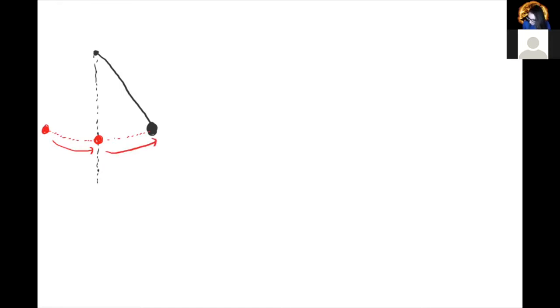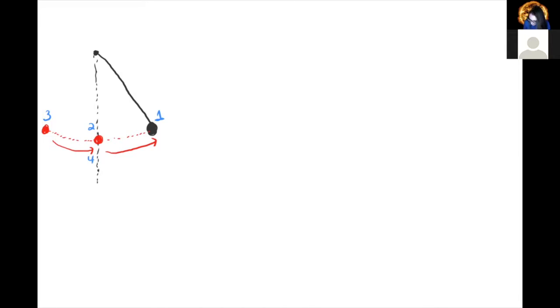So for our pendulum, that would be one complete oscillation, starting from point 1, moving through equilibrium at point 2, getting to its maximum amplitude on the other side at point 3, swinging back through equilibrium at point 4, and then coming back to where it started again, coming back to point 1. That would be one complete oscillation for your pendulum.